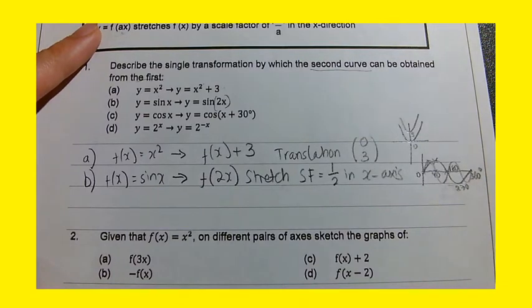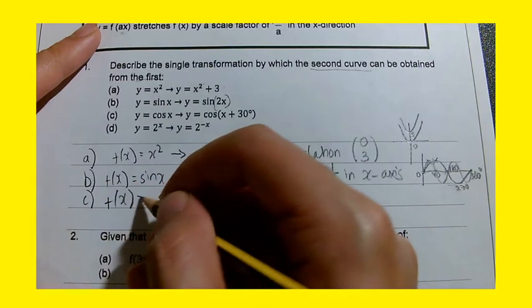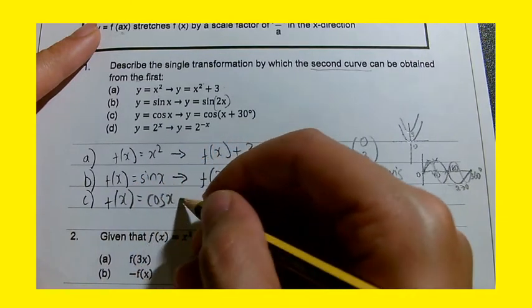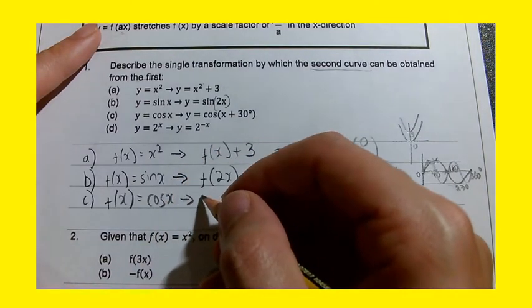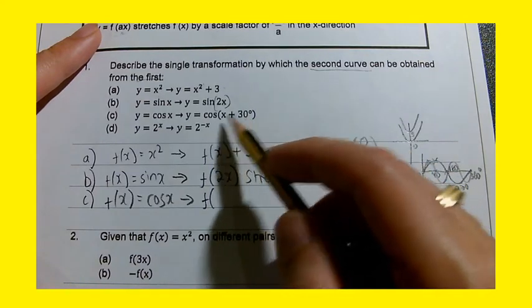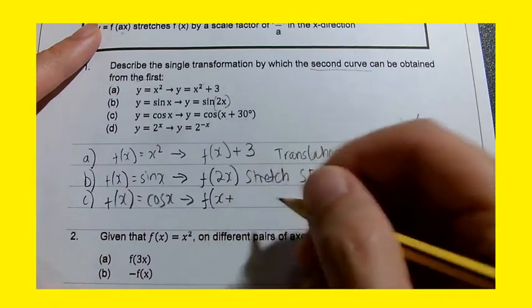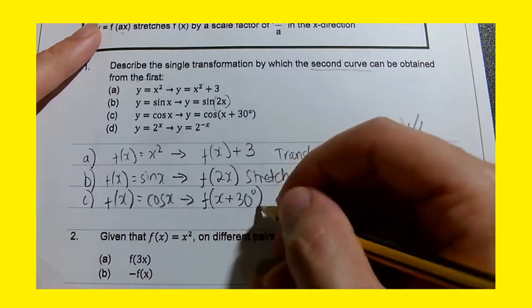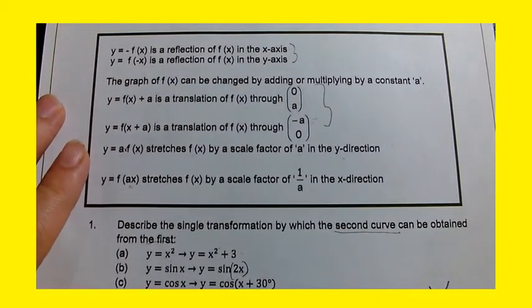Okay. Right. Part C. Cos x to cos x plus 30. So I'm going to make my function cos x, and I've got cos x plus 30. Again, what have I got going on here? I've got a number being added in the bracket with the x. So I've got my function, and in the bracket with the x, I've got 30 being added to it. Where do I see that in my list from here?